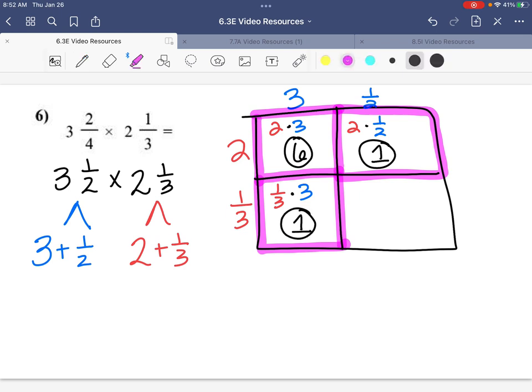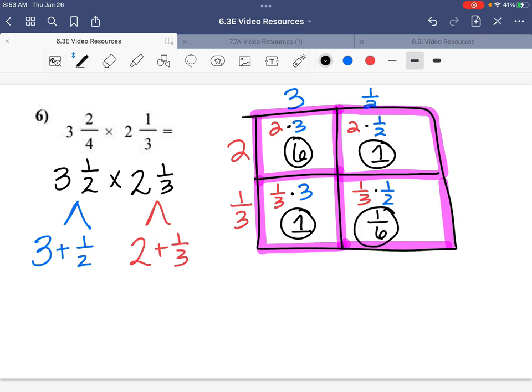And then my last partial product comes from multiplying 1/3 times 1/2. And again, when we multiply fractions times fractions, that's just our numerator times our numerator. So 1 times 1 will give me 1 in the numerator. And then denominator times denominator, or 3 times 2, will give me 6 in my denominator.